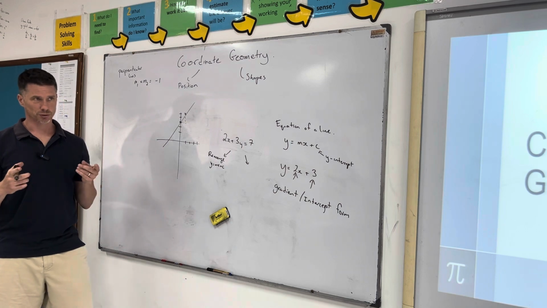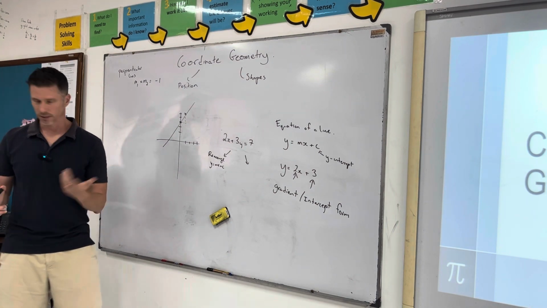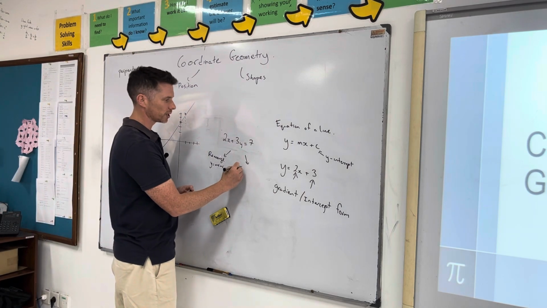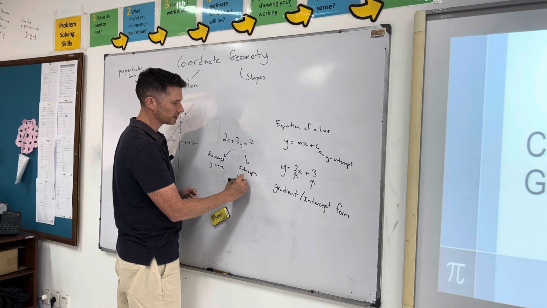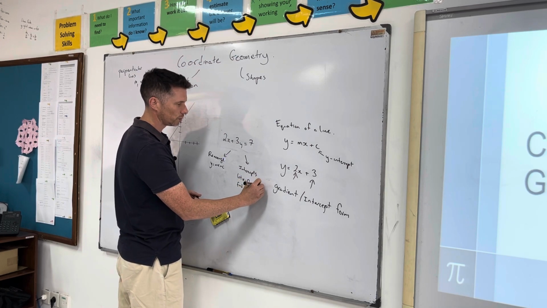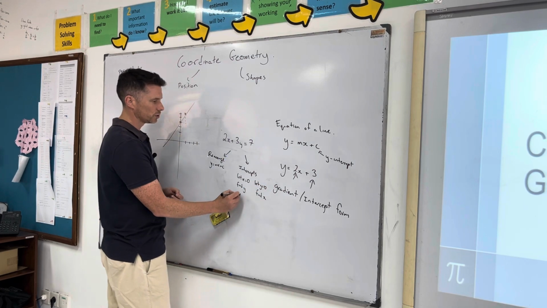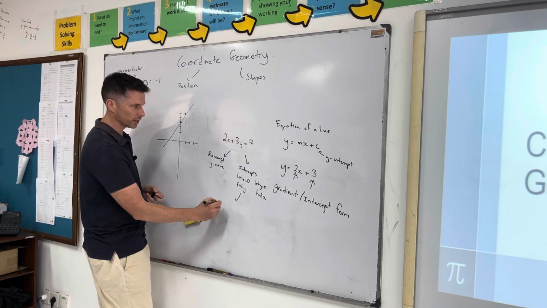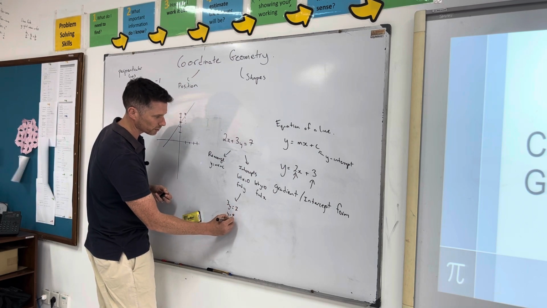How about if I asked you to find the intercepts of this line, the x and y intercepts? Yes. So use the intercepts way. Let x equal 0, find y, and then let y equal 0, find x. If we let x equal 0, we get 3y is equal to 7, and y is 7 over 3.